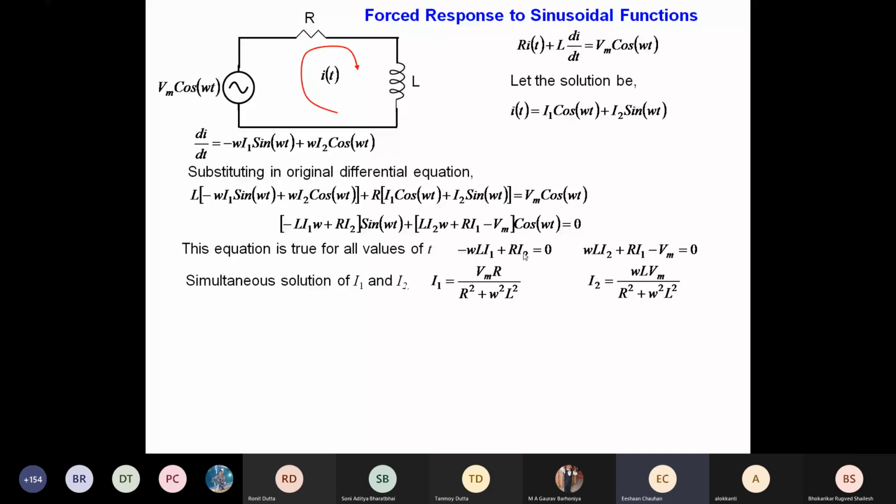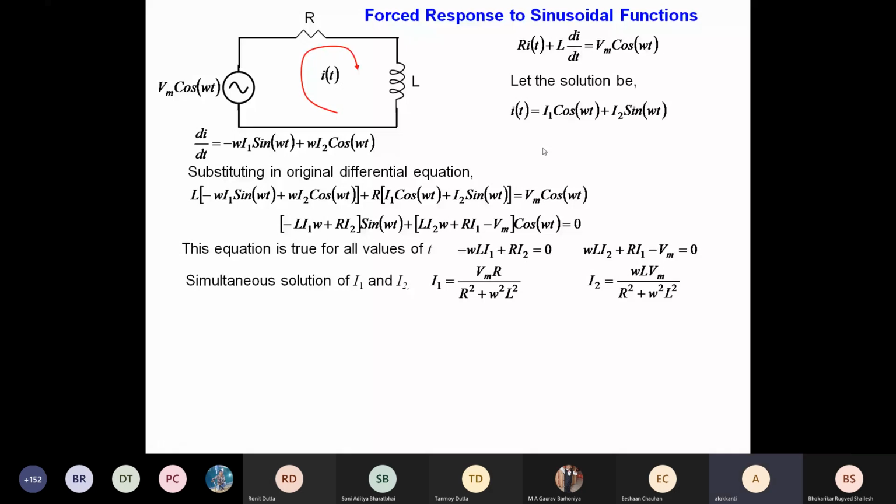We make the original arrow representing the current, and then two perpendiculars representing sin omega t and cos omega t. So yes, current will also be a phasor. We are trying to find that. Okay, sir, because we have represented current in terms of a sinusoidal term only.